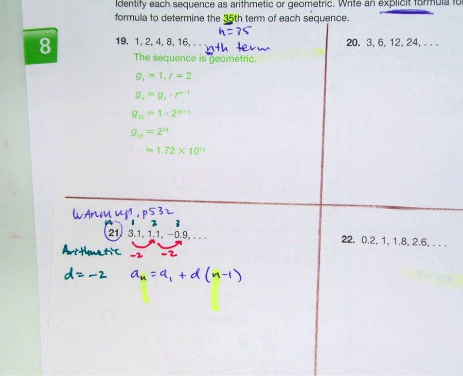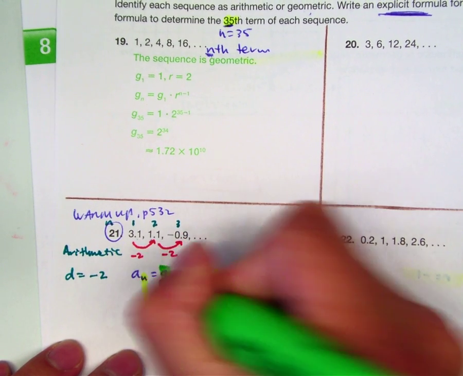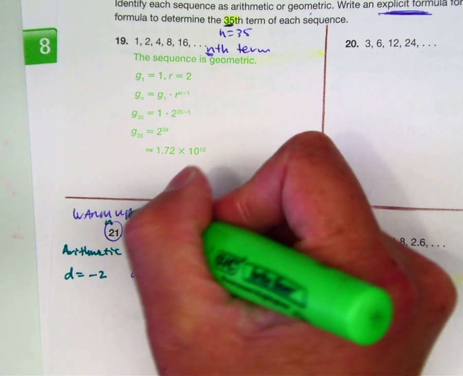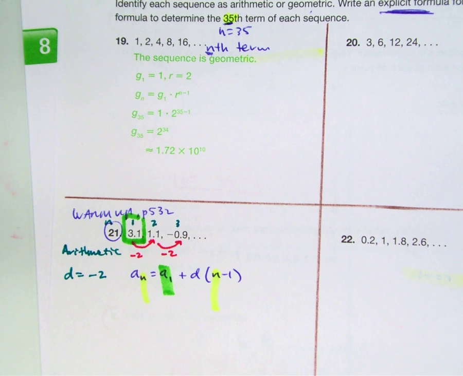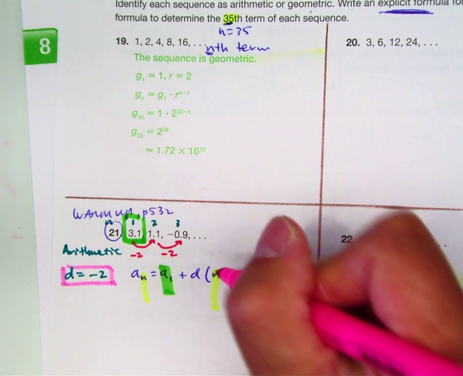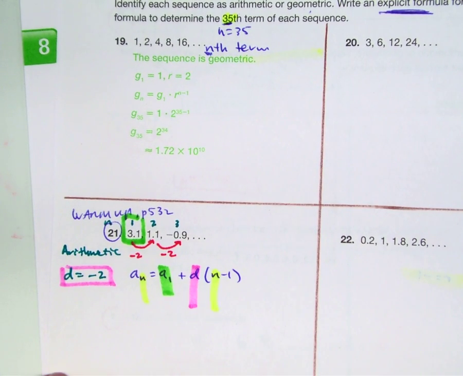One little mistake and you'll be wrong. Class, what is your A1 value? It's the first term in the list. And class, what is your D value? Our D value is the common difference that we just found.